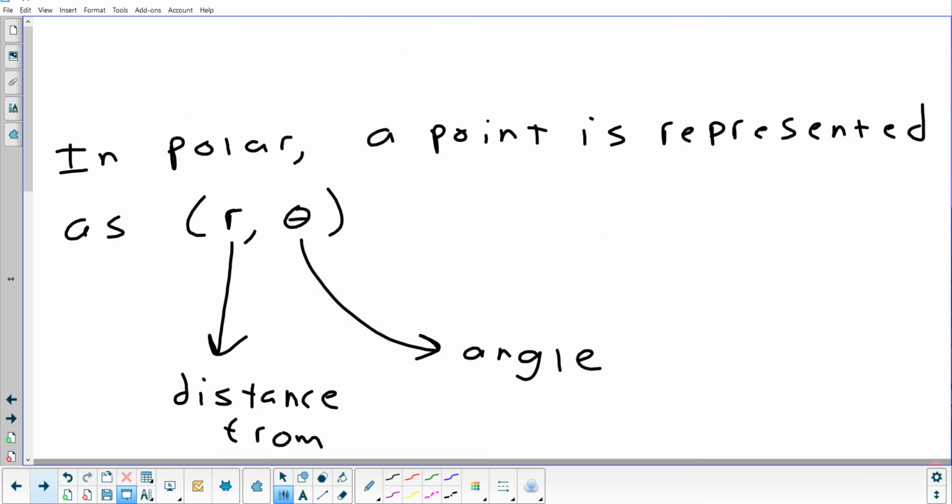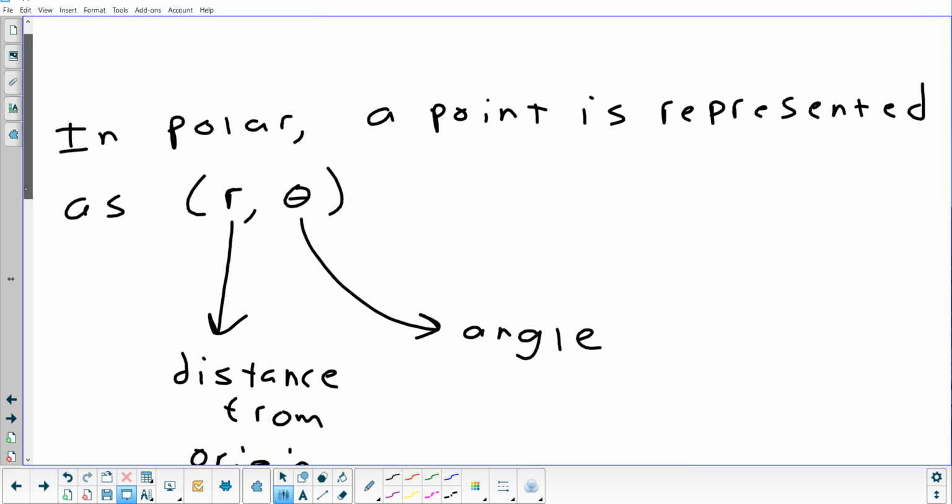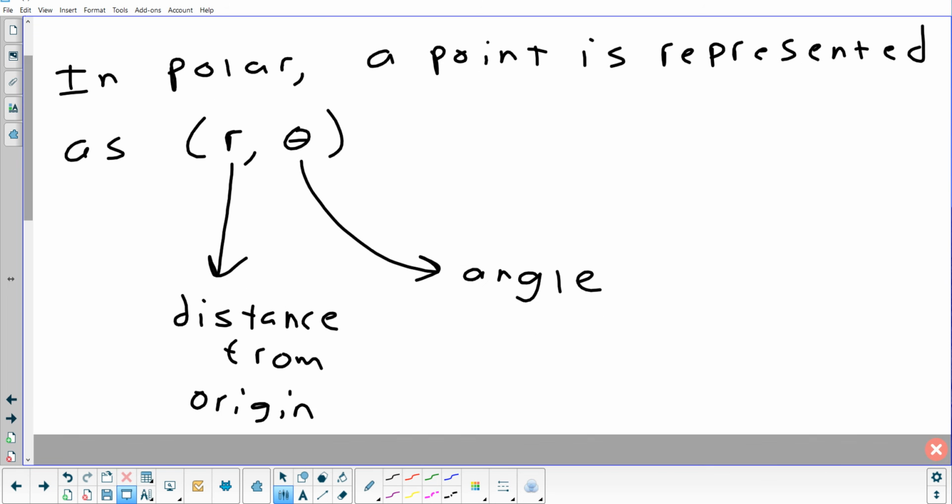So in polar, you have 2 values, but they're not an x and a y value. They're an r value and a theta. R stands for radius, and it is a distance you move out from the origin. Theta is an angle that controls an amount of rotation.